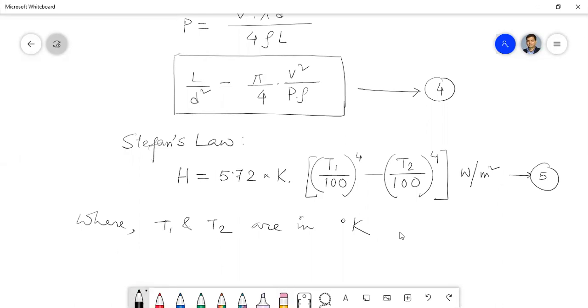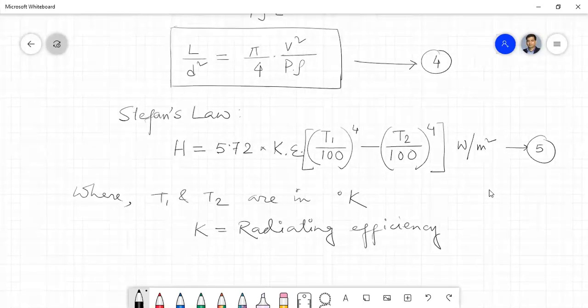Yes, sir. Now this K and epsilon are two constants we use. Now K is the radiating efficiency, and the value of K lies between 0 and 1.